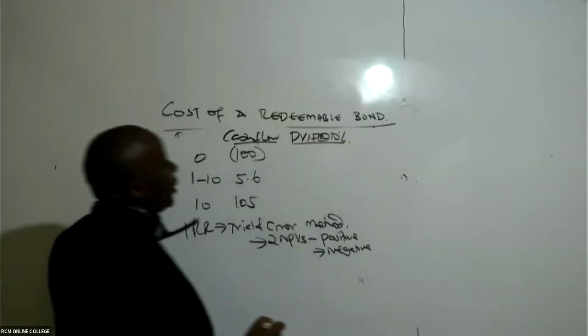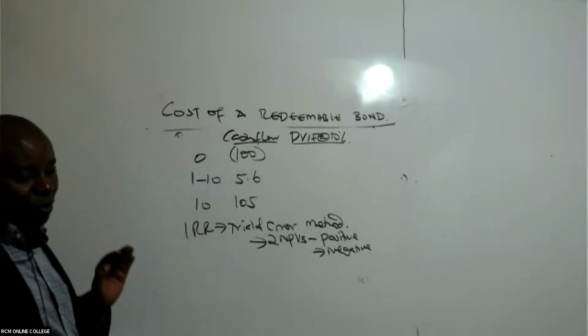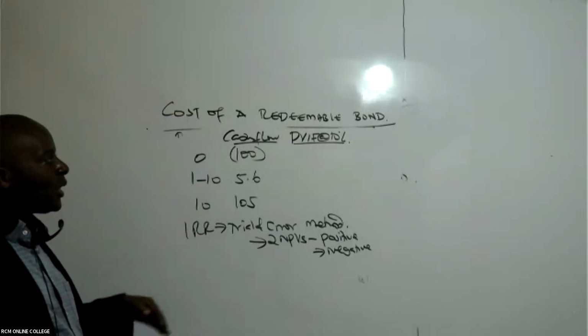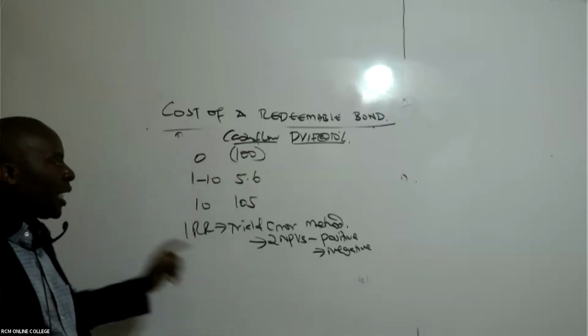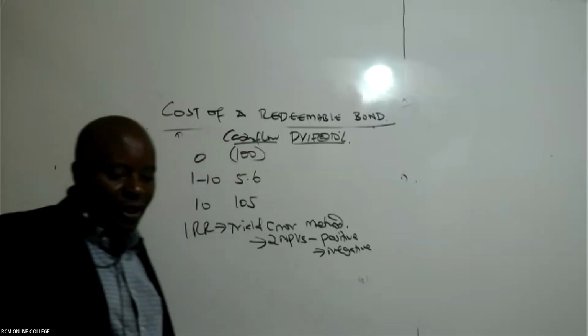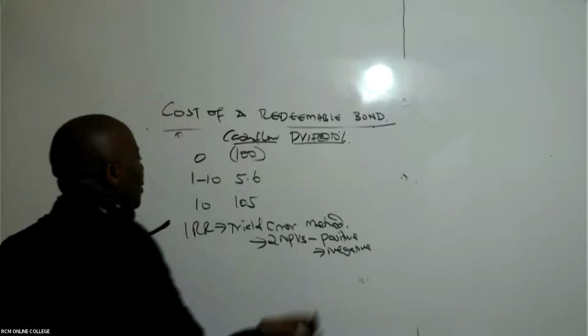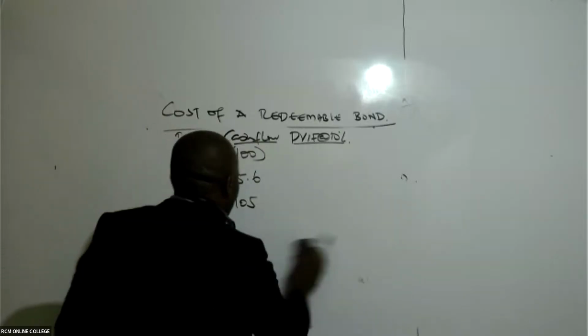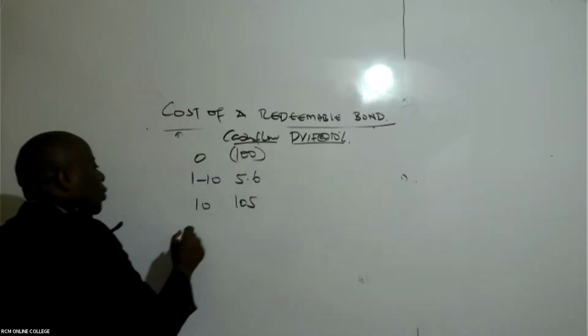I'm trying 10% first of all, because I want to discount these cash flows. Please listen, remember whenever you're discounting, there are 2 formulas.